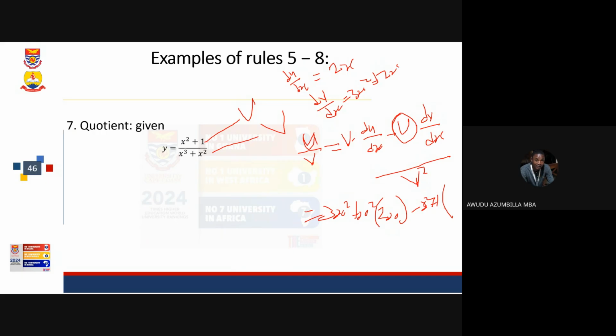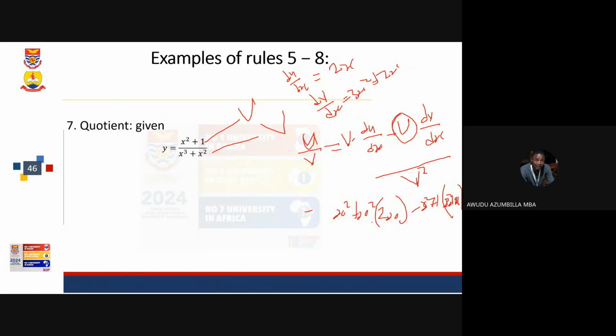When you differentiate v, you are going to get 3x squared plus 2x, and you divide all over, sorry, this one.